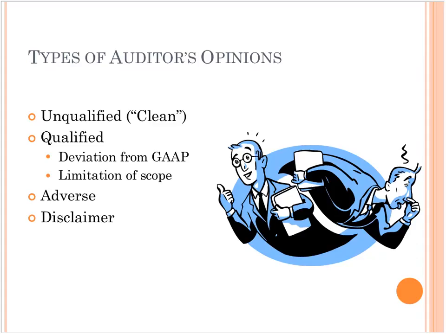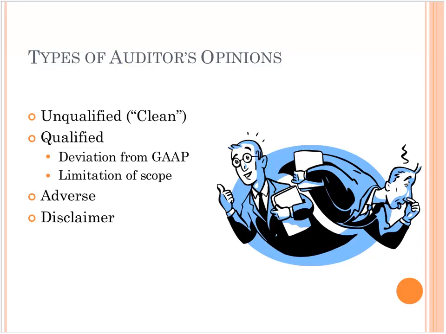And a final type of audit opinion is a disclaimer of opinion. And a disclaimer is the auditor saying they were unable to gather enough information to determine whether the opinion was unqualified or qualified. So basically the opinion is there is no opinion. Once again, this is very rare in our types of organizations.